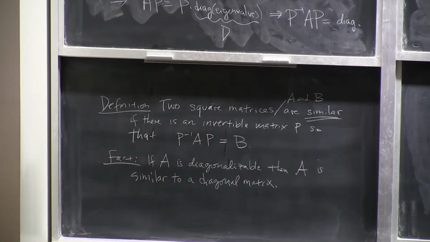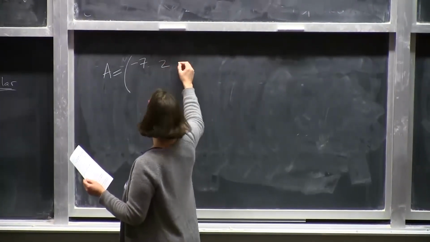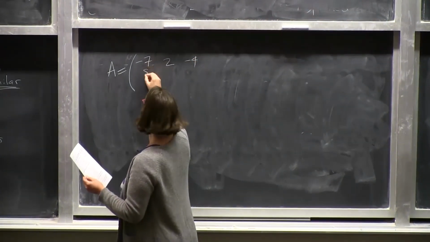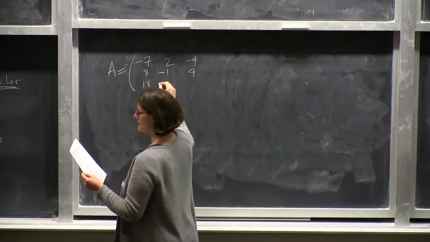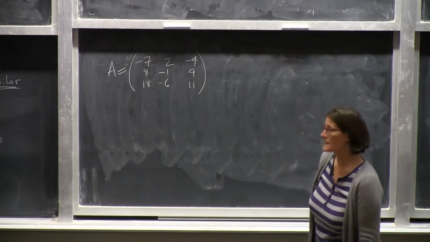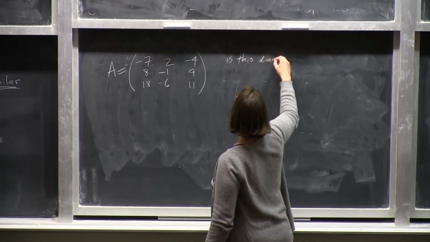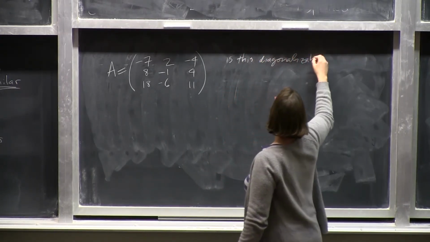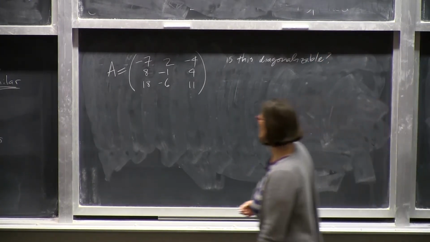Okay, so let's just review what we did before. At the end of the last class, I had A as the matrix -7, 2, -4, 8, -1, 4, 18, -6, 11. And the question was, is this diagonalizable? This is several steps.